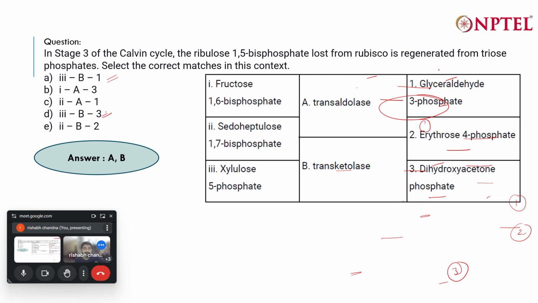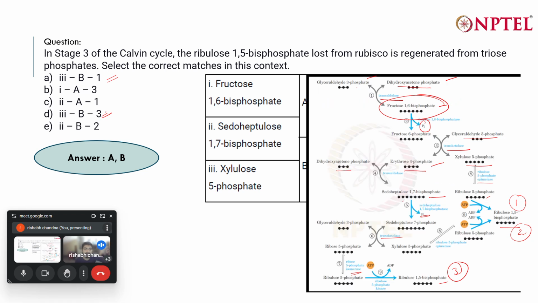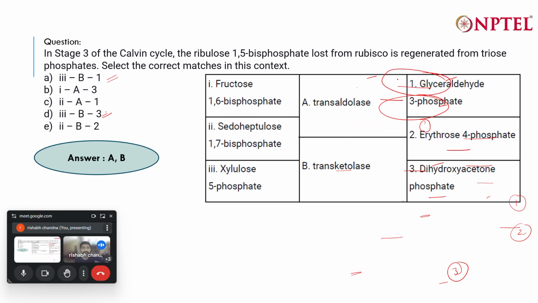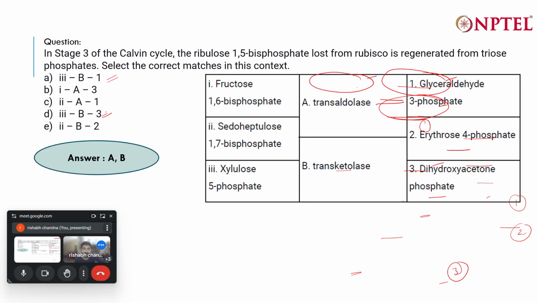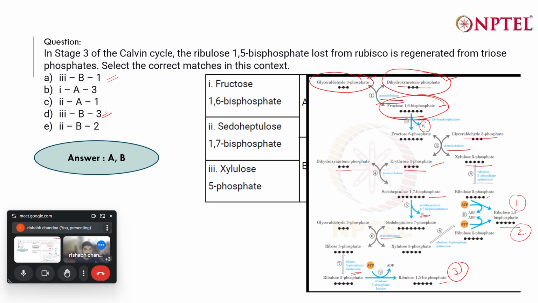So glyceraldehyde 3-phosphate in the presence of the enzyme transaldolase can convert to fructose 1,6 biphosphate. Sorry. Okay, wait. So this is 3, B and 1. Okay.